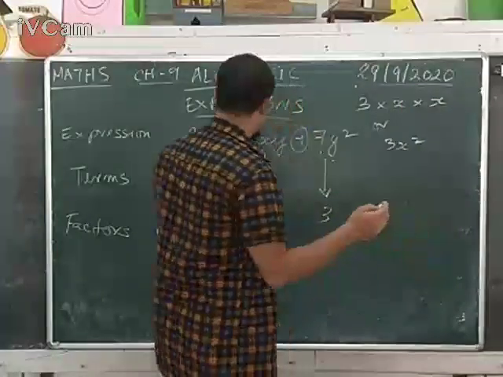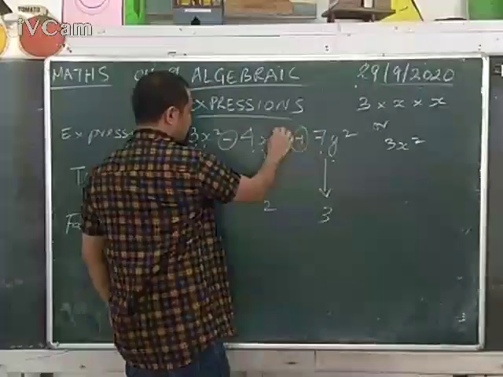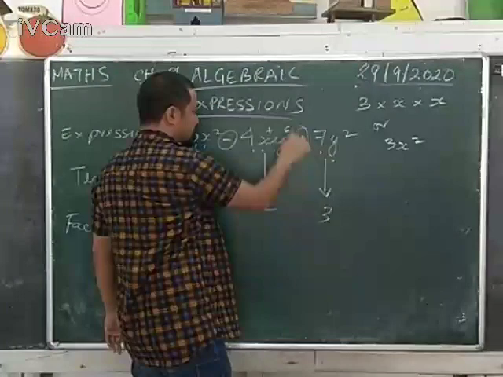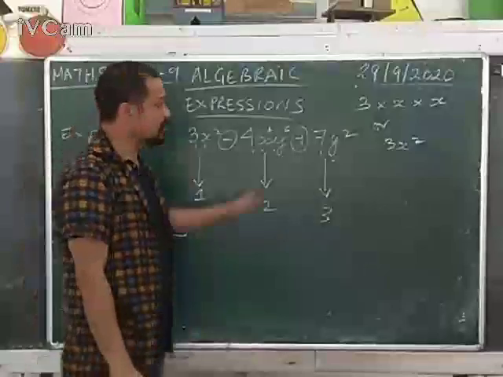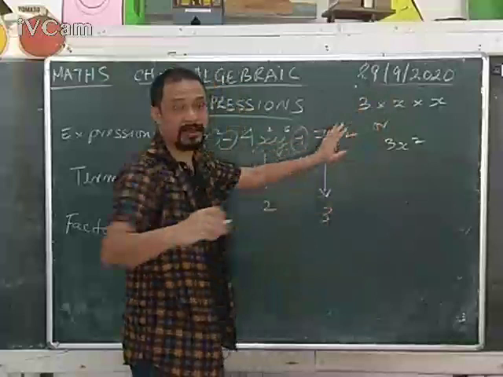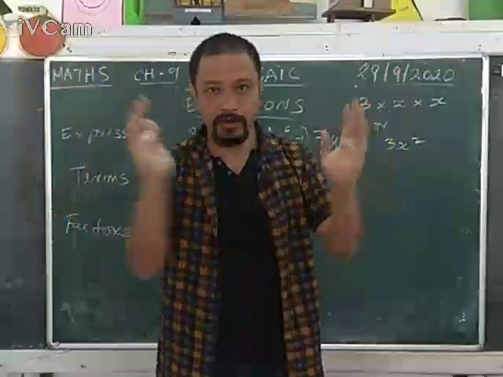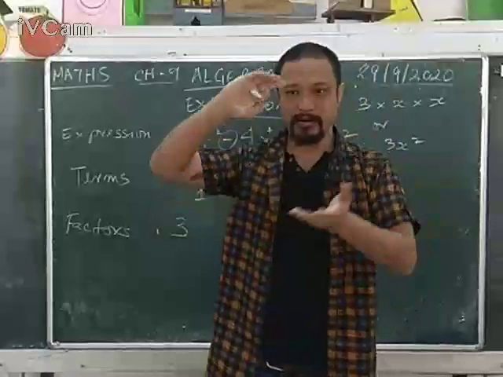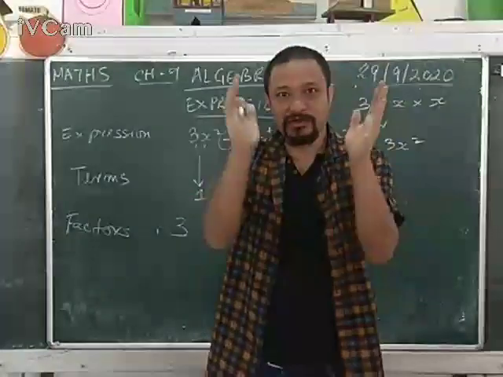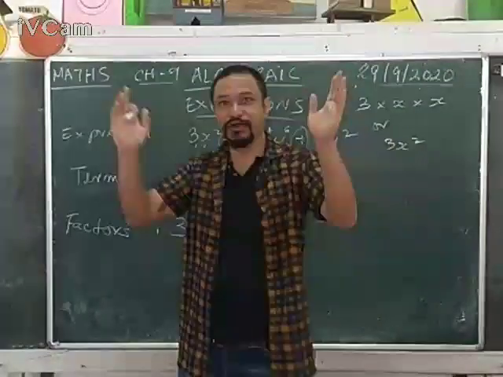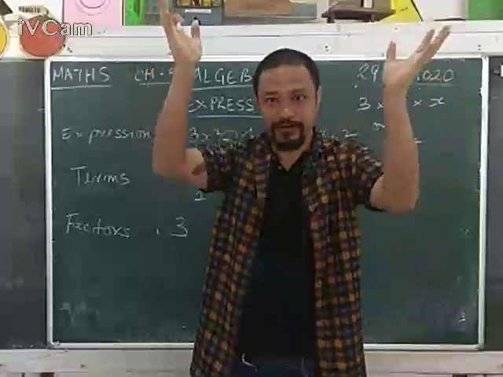But what if it's a huge expression like this, and let's say this was x to the 4, y to the 6? It becomes confusing. You can't keep writing it again and again. In maths, see, maths is all about compressing. There's a huge thing, you break it down.